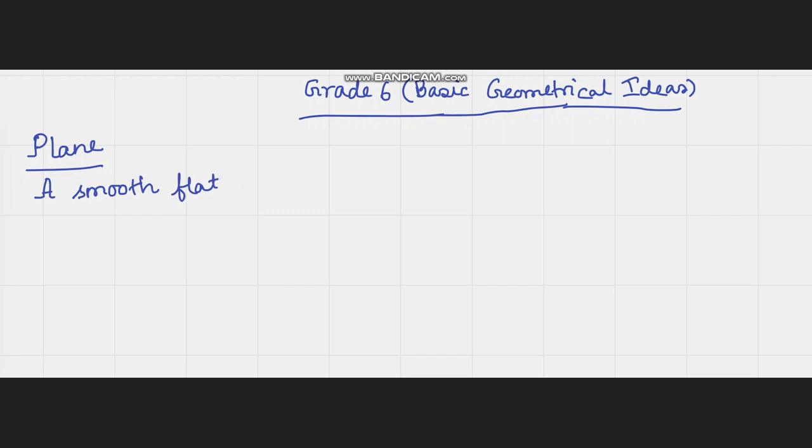A plane is a flat, smooth surface which extends indefinitely in all the directions.